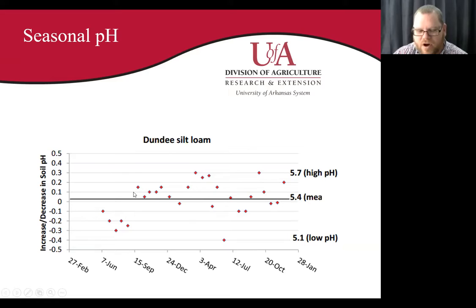And then in the fall, from September to April, we have things higher. July, things start to go back down again. So we do have some fluctuations, but not a lot. The high was a 5.7 and the low was a 5.1. Really not enough to be concerned about, but do know that it does change.